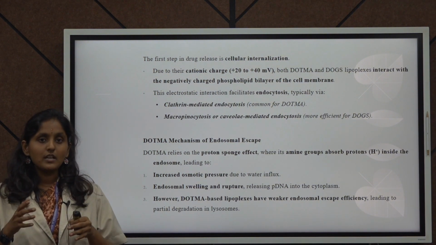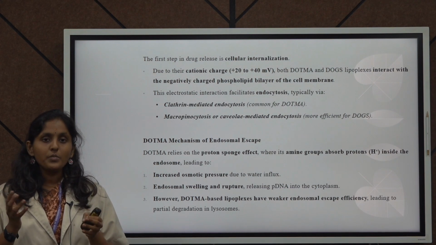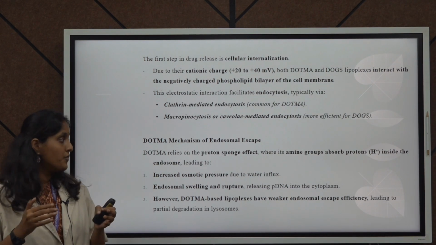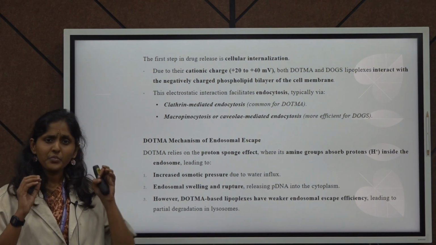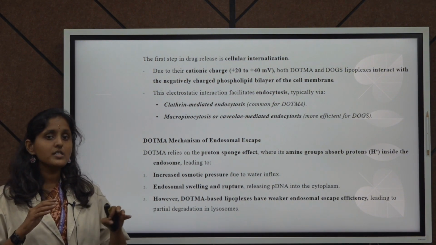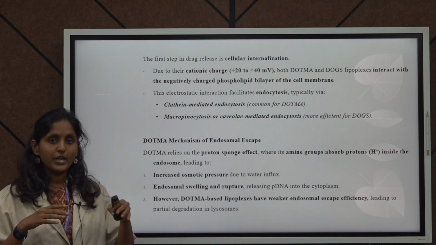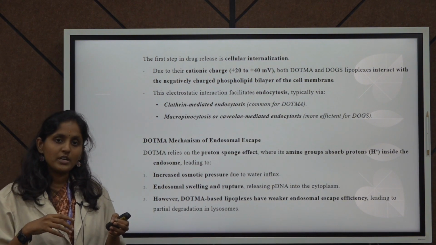The next target is to escape the endosome, and the plasmid DNA has to be delivered to the nucleus. For DOTMA, it is going to follow the proton sponge mechanism, because DOTMA has amine groups that will take up all the protons present in the endosome, which will bring more water into the endosome.